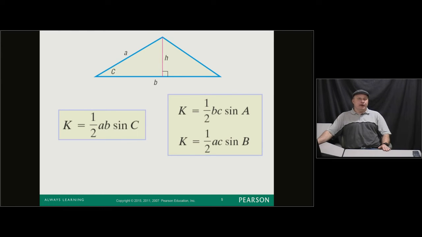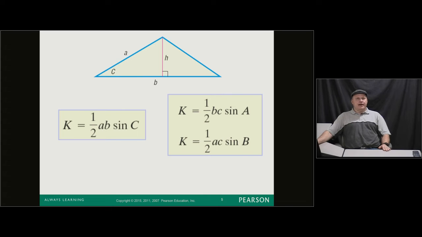But if I want to incorporate angle C, well, the sine of angle C is equal to opposite over hypotenuse, which is H over A, because it's a right angle there. Solving for H, you get H equals A times the sine of angle C.